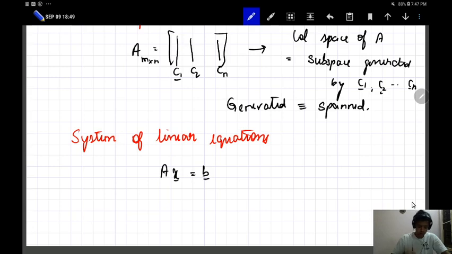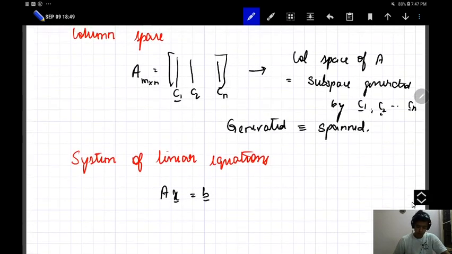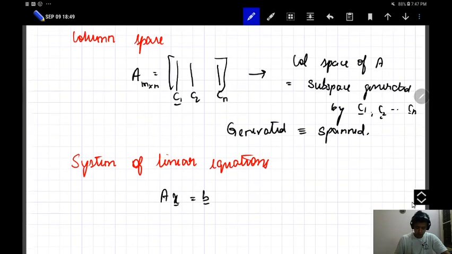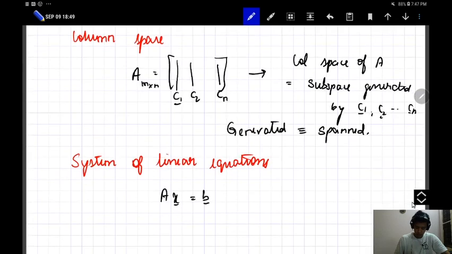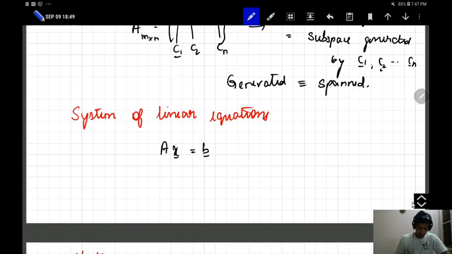So in terms of the column space, and this really comes from the column interpretation that we saw in the very first lecture, in order for this system to have a solution, there must be an assignment x which satisfies Ax equal to b, or in other words, b must be in the column space of A, right? So by definition, for this to have a solution, b must lie in the column space of A.